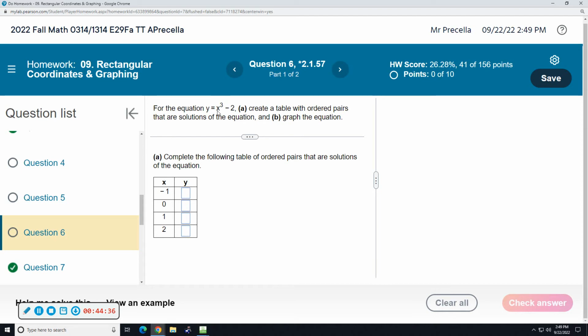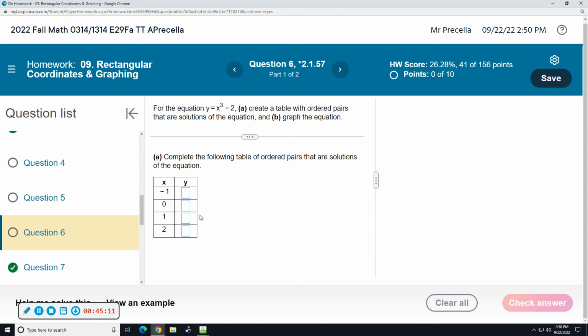Because think about it, if you plugged in an x value of 5, 5 times 5 times 5, wouldn't that give you 125 minus 2? That's 123. I can assure you the grid they're going to give you will not have that many units. So it's like that one that we just finished. The numbers you're plugging in must give you y values that will fit on the grid when it comes time to graph.